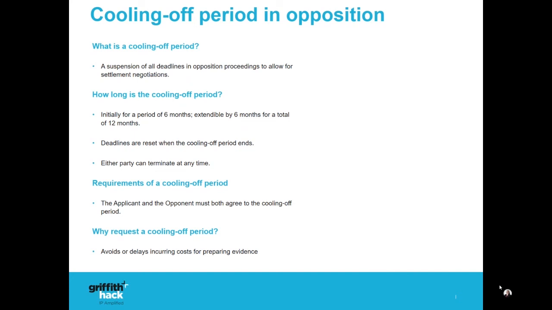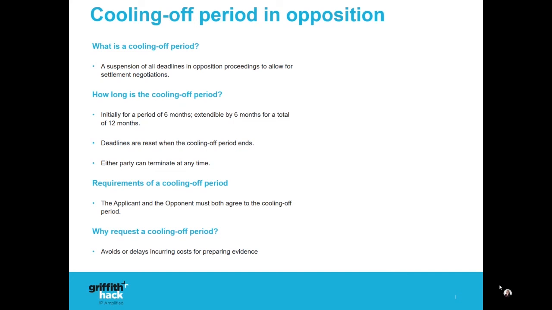So let's say the notice of opposition has been filed, the intention to defend has been filed by the applicant, and your cooling off period ends, then the new deadline will be set for the opponent to file its evidence in support of the opposition, and that's assuming the parties haven't been able to settle it. Both parties have to agree to the cooling off period, and either party can terminate at any time.